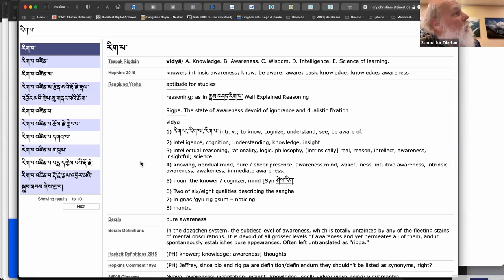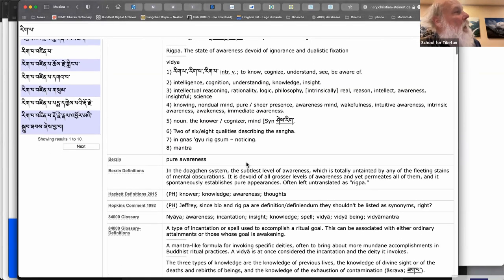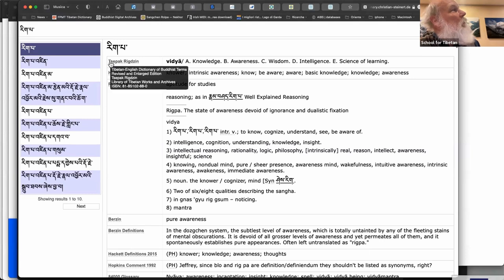You see, you have two columns, and on the left side, you find the author or the source. Some are better. For example, Tsepa Rizin is the transcription of a Tibetan English dictionary of Dharma terms. That is quite good, albeit it has very few entries.